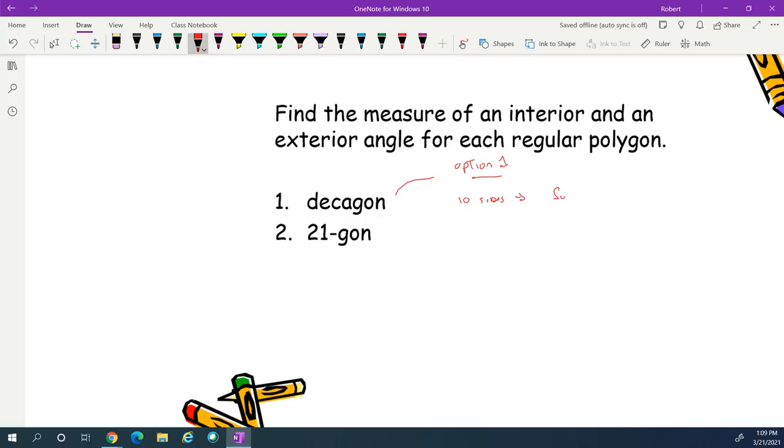So we can find the sum of the interior, which is 1440. Each interior is 1440 divided by 10 because there are 10 interior angles.